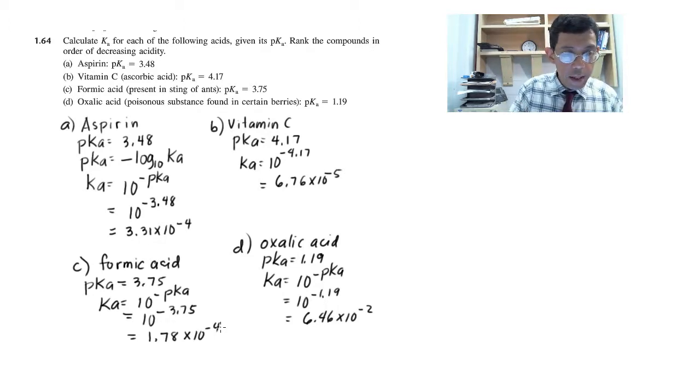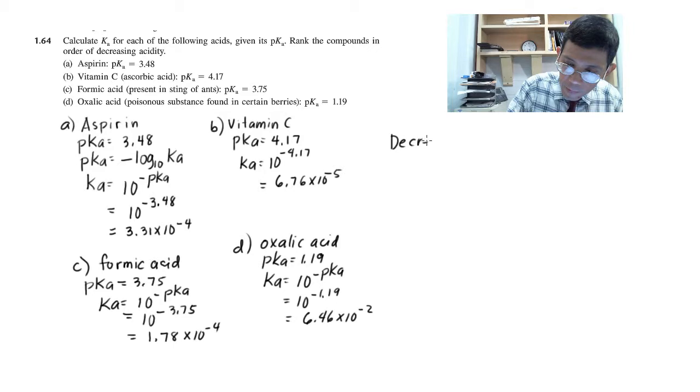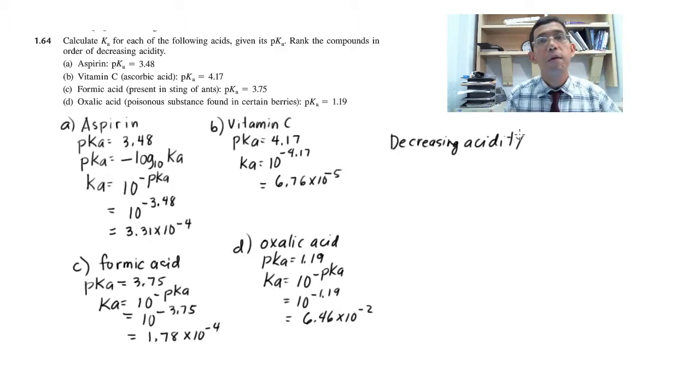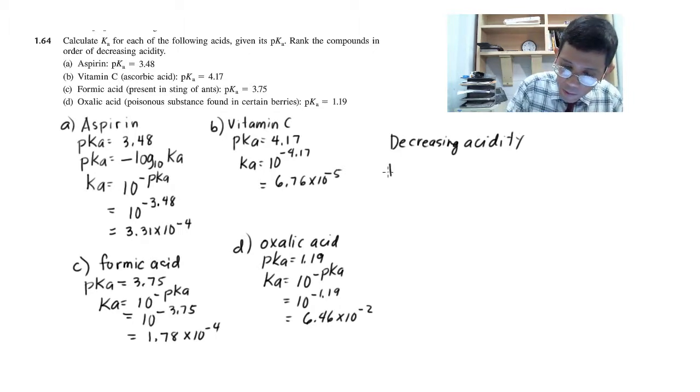Rank the compounds in order of decreasing acidity. So what is the rule? The rule is the larger the Ka, the more acidic, or the smaller the pKa, the more acidic.